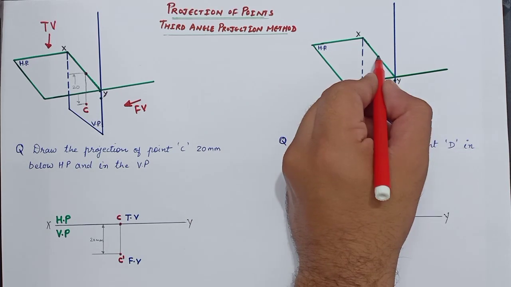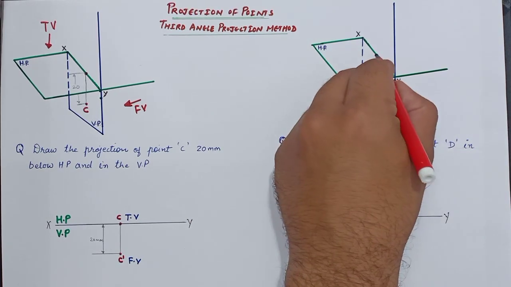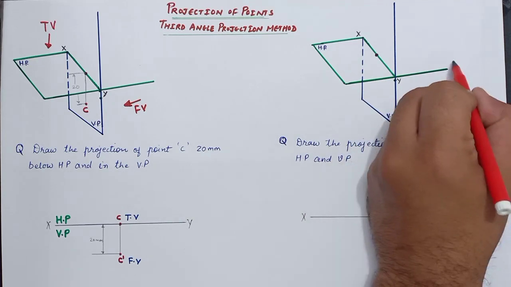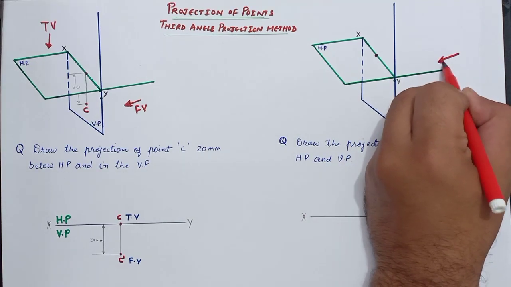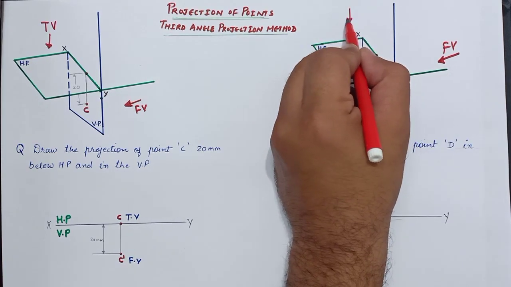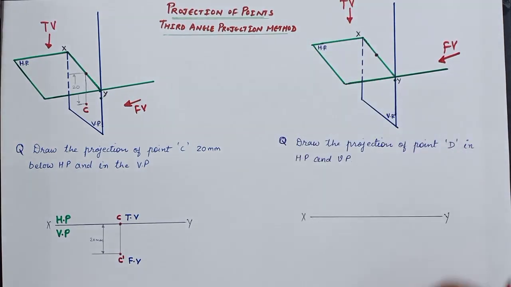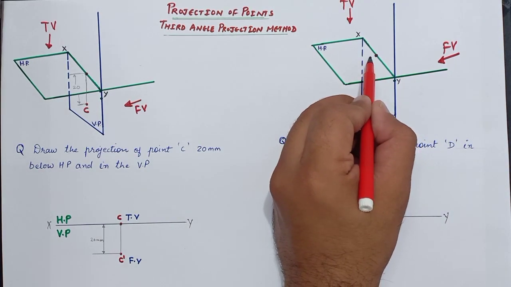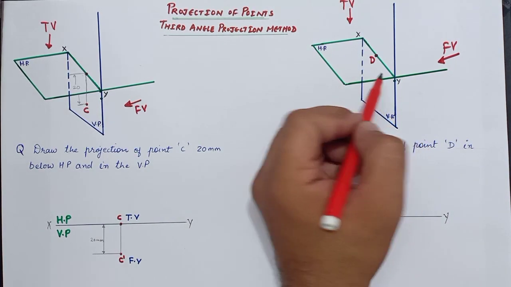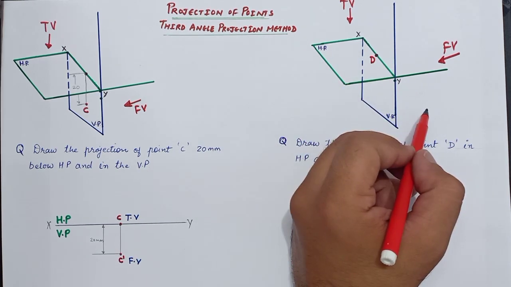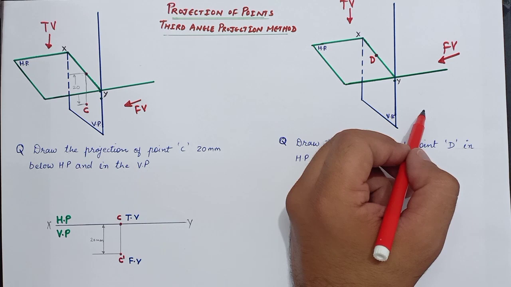So if we place a point here on XY line, and when we view from front view or top view, this point D is visible in the horizontal plane as well as vertical plane.